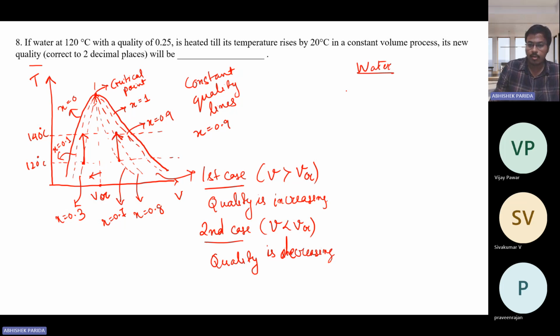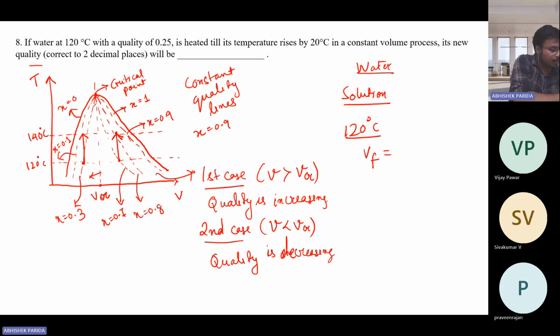Now let us do the numerical solution. As you said, at 120 degrees Celsius, we'll see what is Vf. I will refer to the same table, table A4.